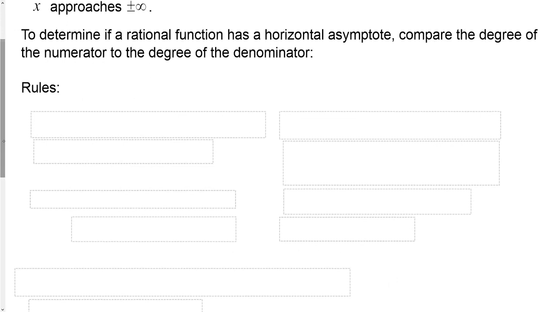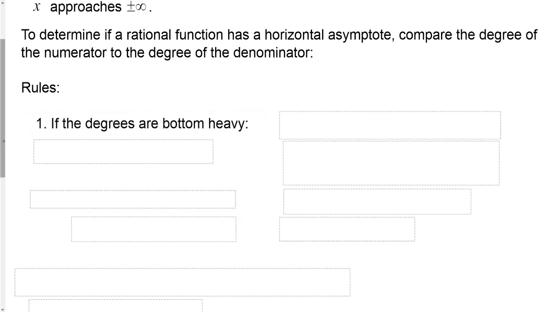Now, to determine the location of horizontal asymptotes for a rational function, you need to remember these rules here. So first, if the degrees are bottom heavy, you're going to have a horizontal asymptote at y equals 0. What that means is that the degree in the denominator is larger than the degree of the numerator.